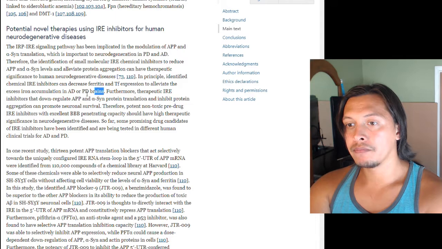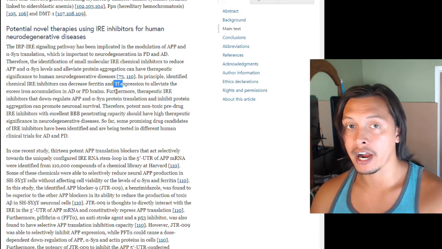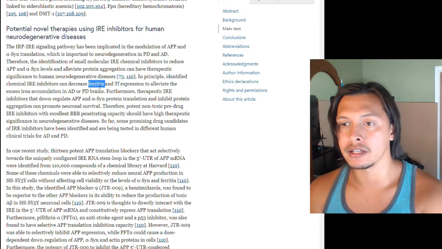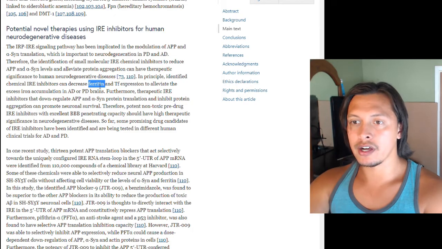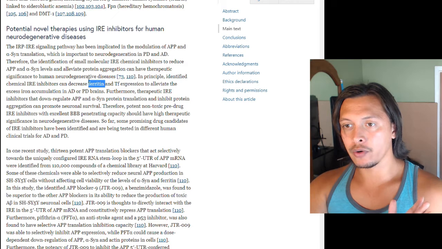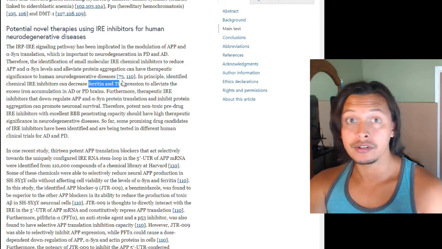So if you block transferrin, that's going to block your ability to even absorb enough iron from your diet, if I am remembering correctly. And I believe ferritin might also be in the brush border cells, and it's also in the blood. So regardless, if you downregulate all of this, you will probably not be absorbing iron the same way.